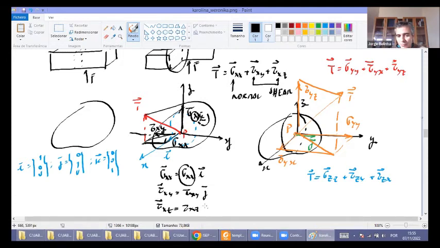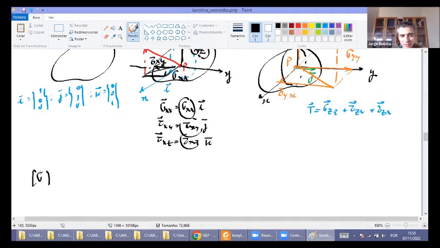This is a vector, this is a magnitude multiplied by k. If you select only the scalar values, you can organize them in your stress tensor.